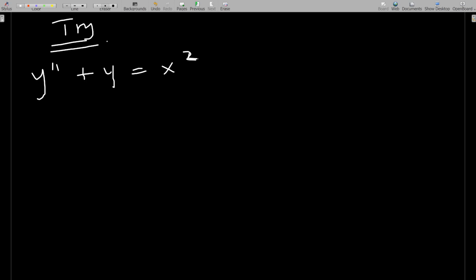Pardon me on that, but I have 2 trials here that I want you to go through. The first one is: use Green's function to solve y prime prime plus y is equal to x squared, subjected to y of 0 is equal to y of pi on 2, and this is equal to 0.